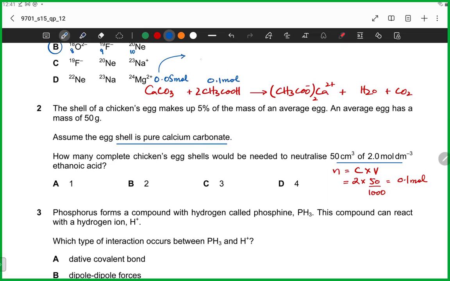And since it's 0.05 moles, you can figure out the mass, which is 0.05 multiplied by the molar mass of calcium carbonate, so it's 40 plus 12 plus 16 times 3. What do we get?